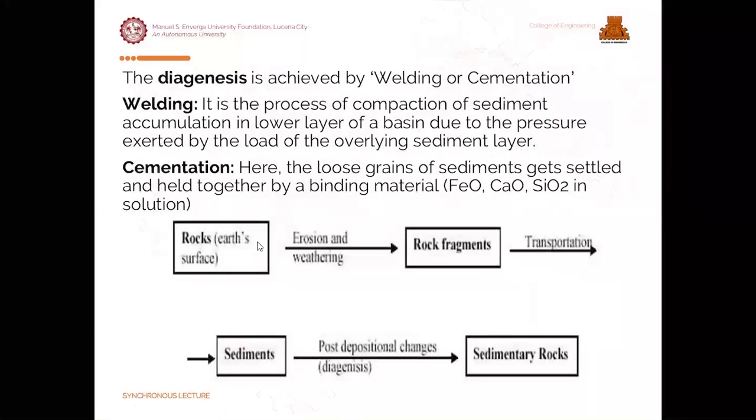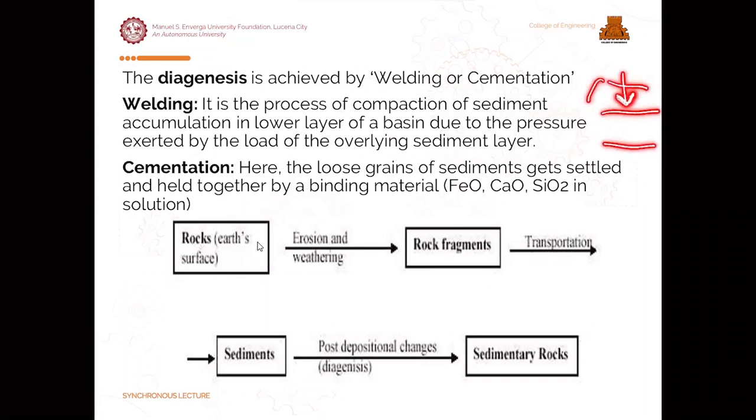And then this can be achieved by welding or cementation. So welding daw is the process of compaction of sediments in lower layer of basin due to pressure exerted by the load of the overlying sediment layer. Okay? So kapag halimbawa may layers of rocks ka na, so yung overburden pressure na ine-exert nito pababa sa kanya, no?